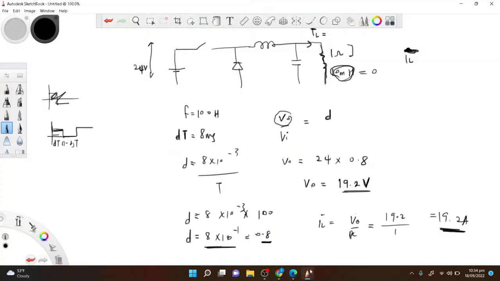Please watch the solution. So it was a forward converter, as we can see here. We're giving the input supply.